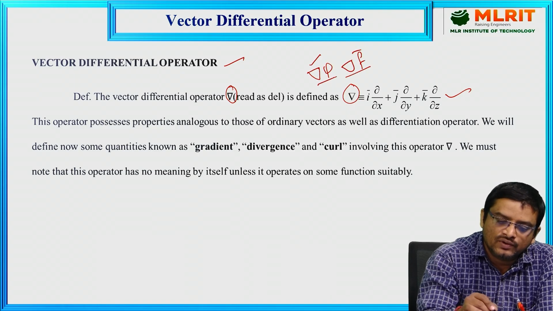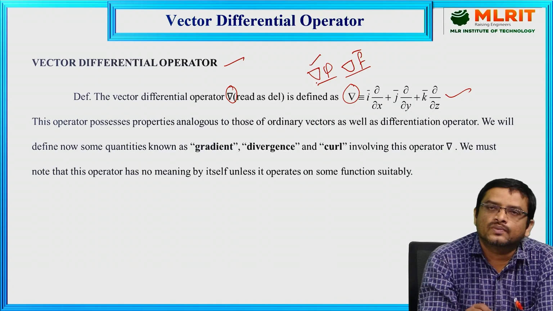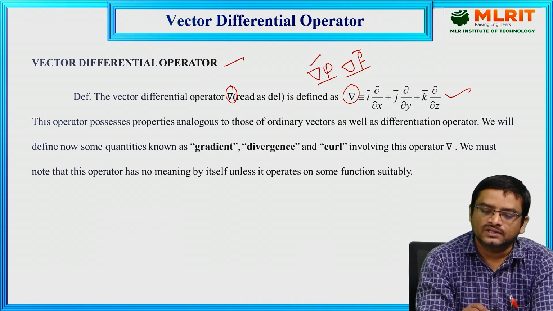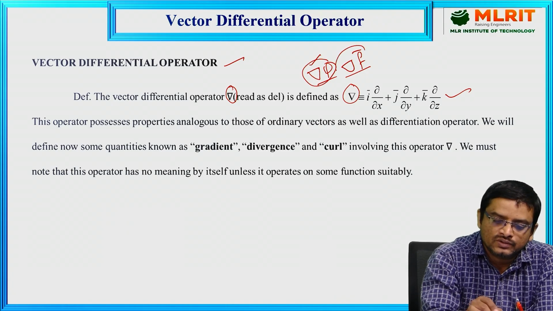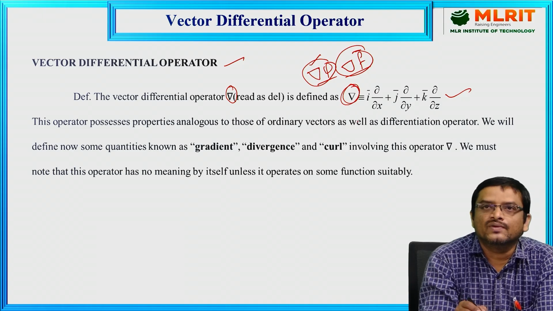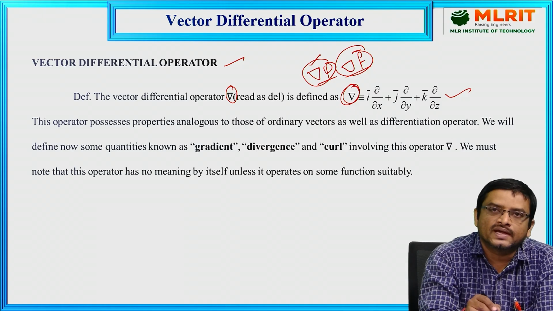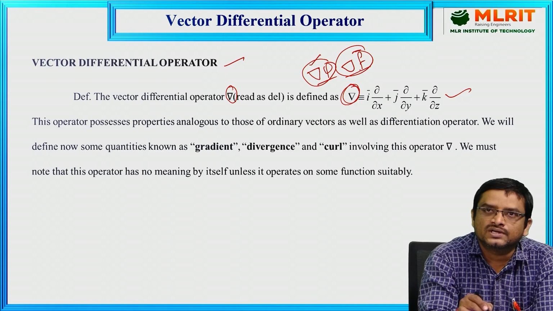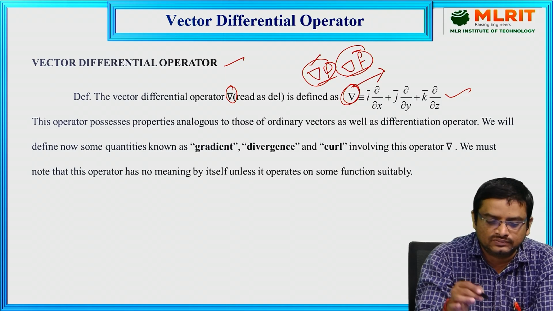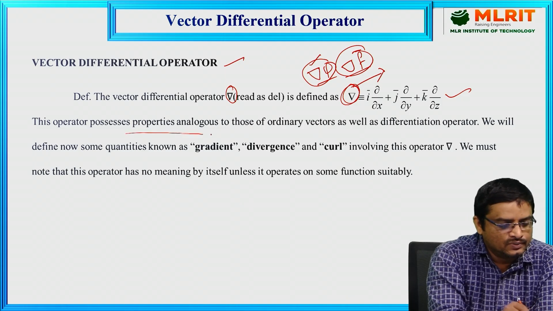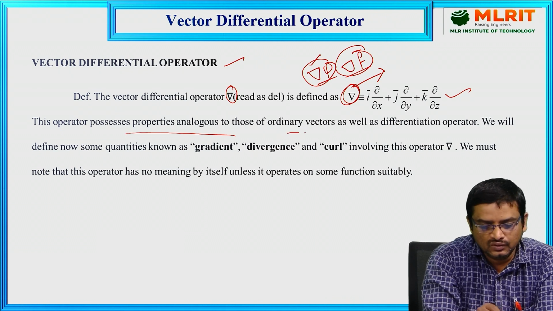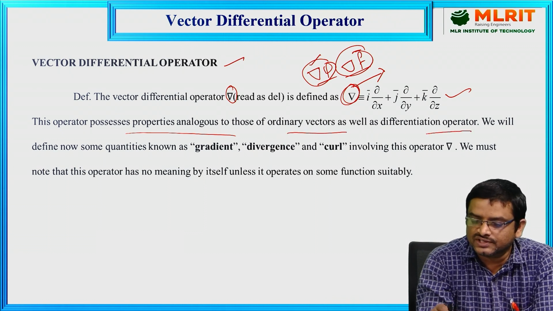Then it will have a meaning. So the operator possesses the properties of ordinary vectors as well as the differentiation vectors.